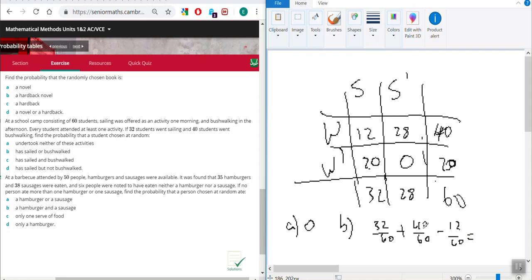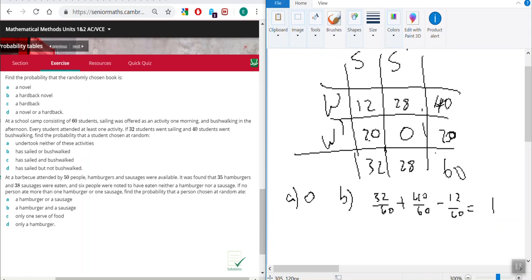So 32 plus 40 is 72. 72 minus 12 is 60 out of 60. So sailed or bushwalked, the probability is 1. So everyone did at least one of these activities, which makes sense. They either did one or the other or both.